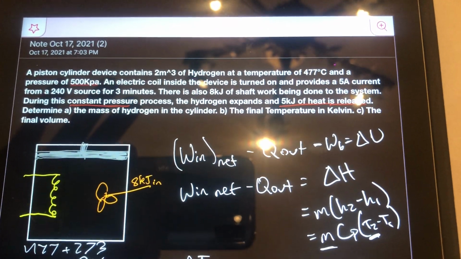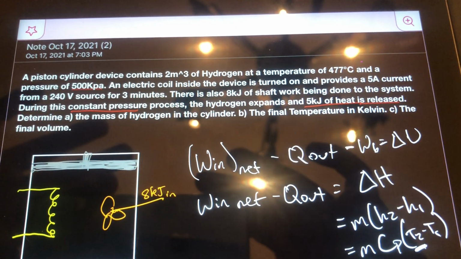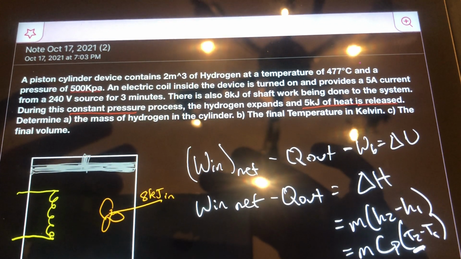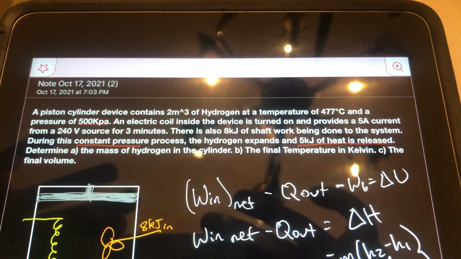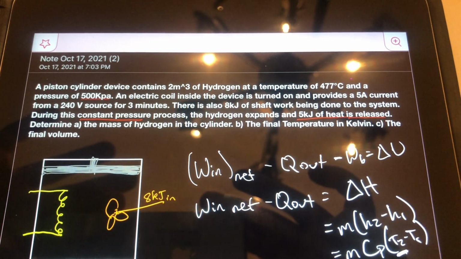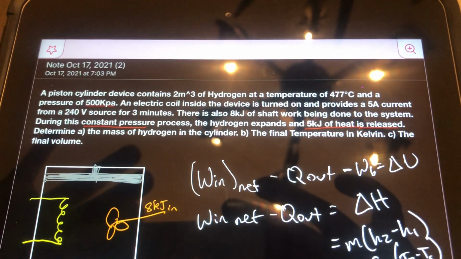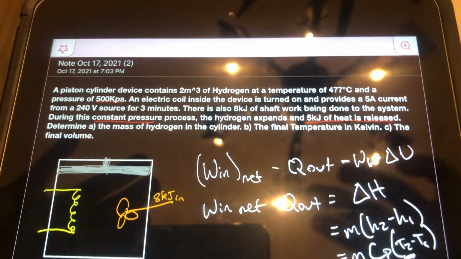So a piston cylinder device contains, no, I'll do it sideways, and then I'll flip the video. But anyways, a piston cylinder device contains 2 meters cubed of hydrogen at a temperature of 477 degrees Celsius and a pressure of 500 kilopascal. An electric coil inside the device is turned on and provides a 5 amp current from a 240 volt source for 3 minutes.